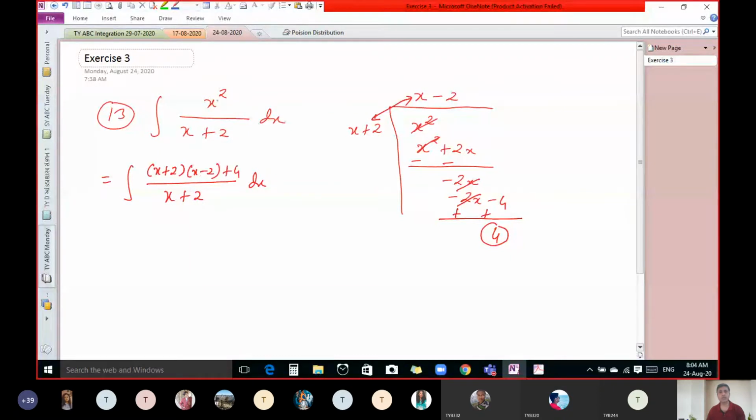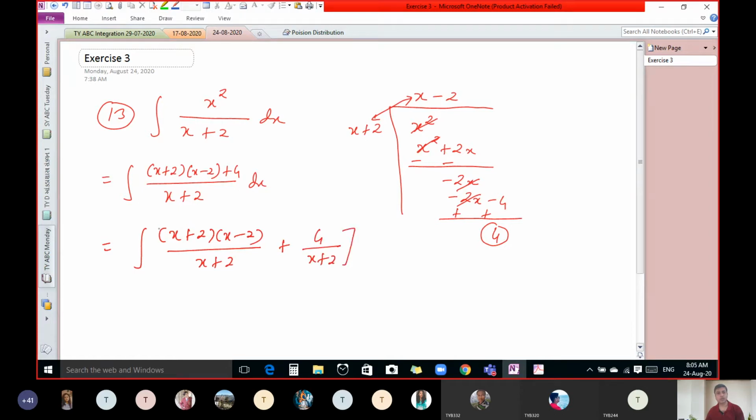Now if we simplify this, you will get only x square. Just check it. We know that x plus 2 into x minus 2 is x square minus 4, and x square minus 4 plus 4, so 4 will cancel and we get only x square. That means yes, it is correct. Now what you require to do? This first term, x plus 2 x minus 2 upon x plus 2, plus this 4 upon x plus 2.